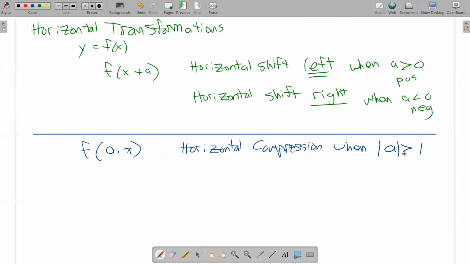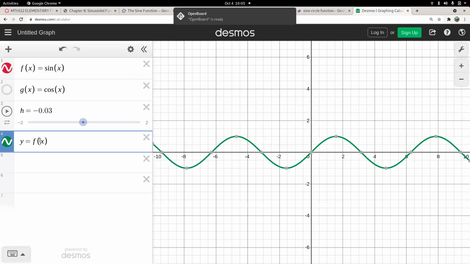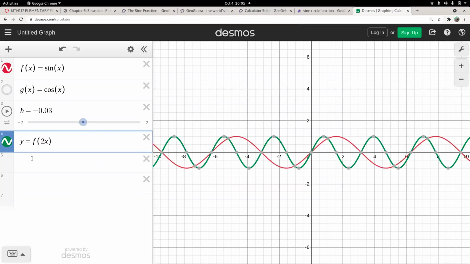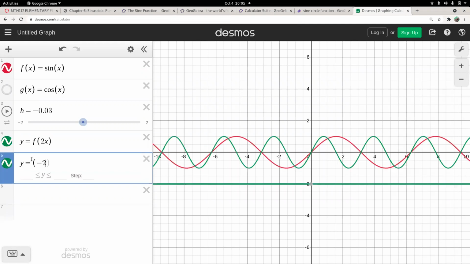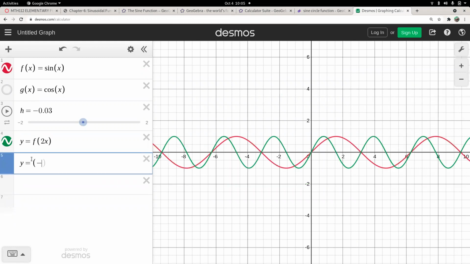It doesn't matter whether a is 2 or negative 2, it's still going to be a compression. Let's double check that in the graph. If we do 2x, we can see we have that narrower wave. And if I did y equals f of negative 2x, I'm still going to get that squished wave.